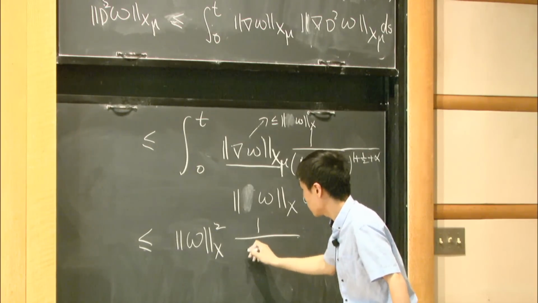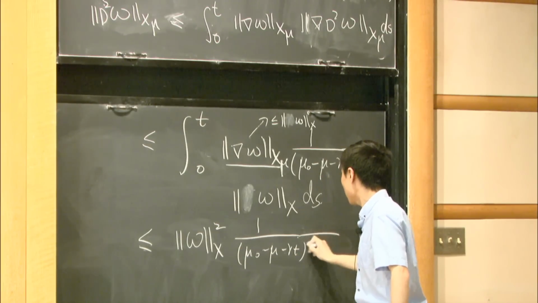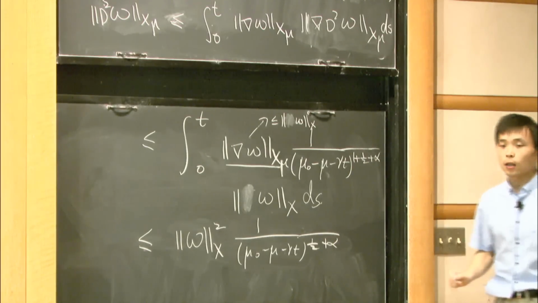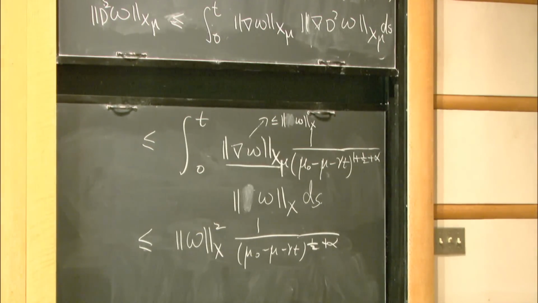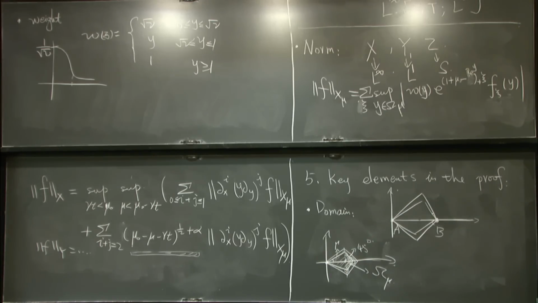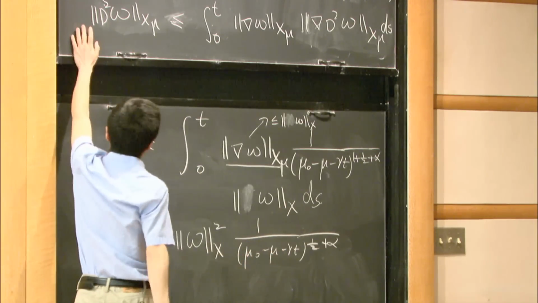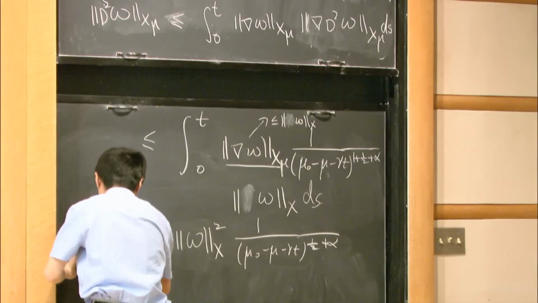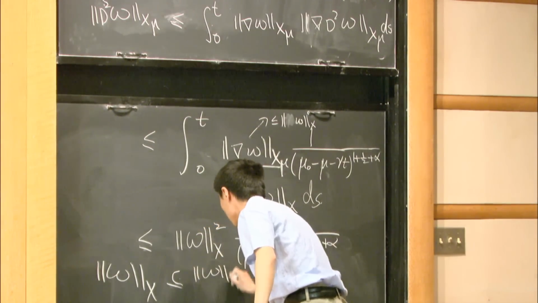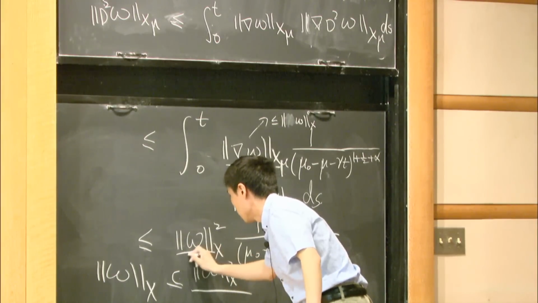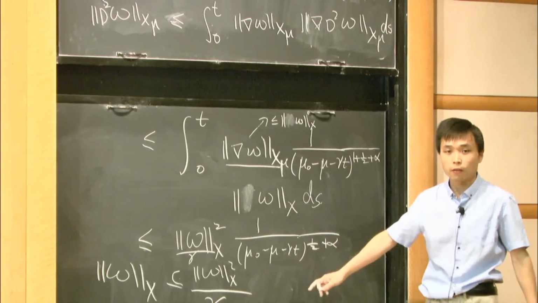What you get is mu naught minus mu minus gamma t to the power of half plus alpha, and that's exactly the weight. If you put everything on the left side, you get omega in the X norm less than omega in the X norm squared divided by some big constant gamma. If you choose your constant gamma big enough, this is doable.